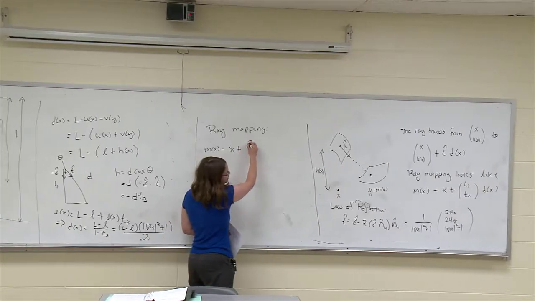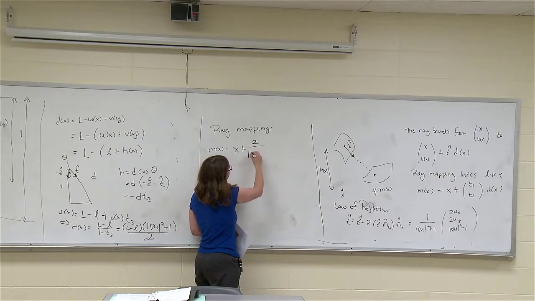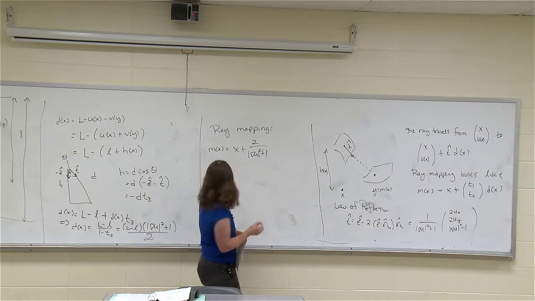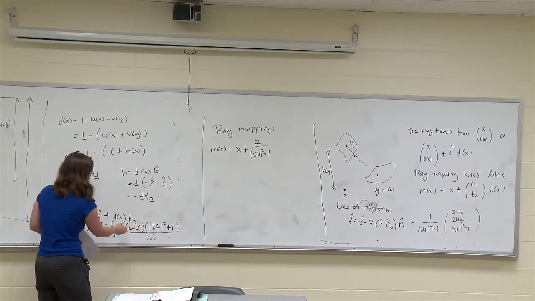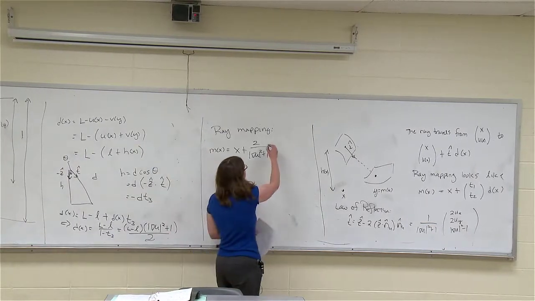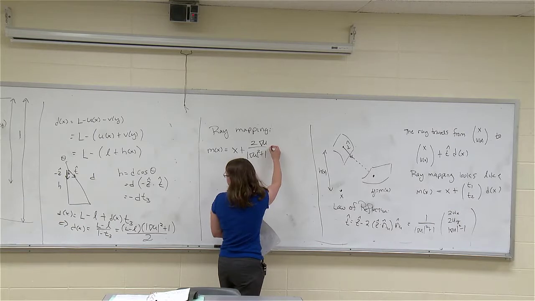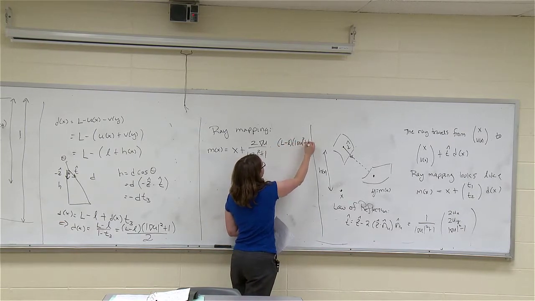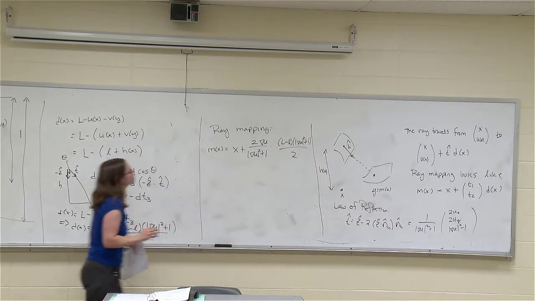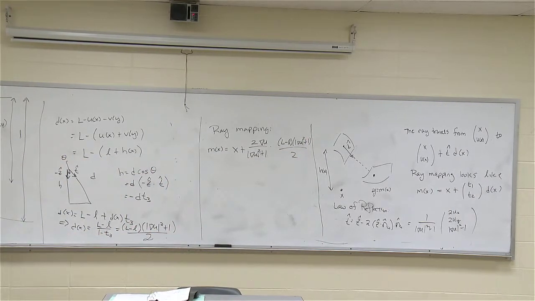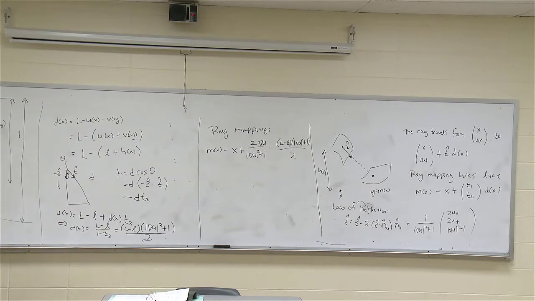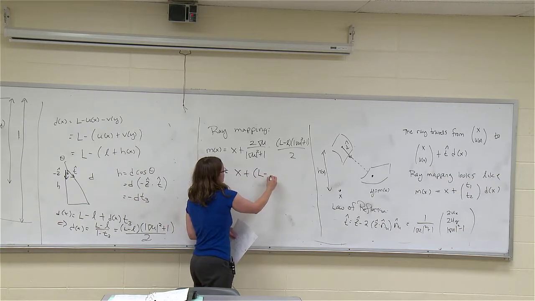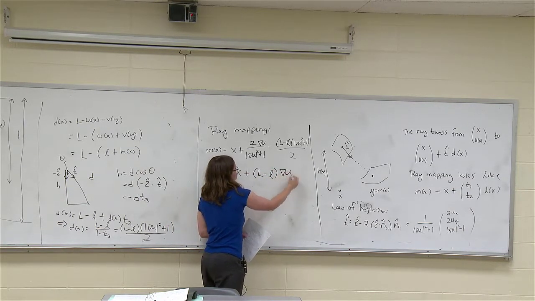So I have 2 over grad u squared plus 1 times the components of the gradient times d. So 2 grad u times this constant over here, L minus l, grad u squared plus 1 over 2. Okay, so x plus L minus l grad u.